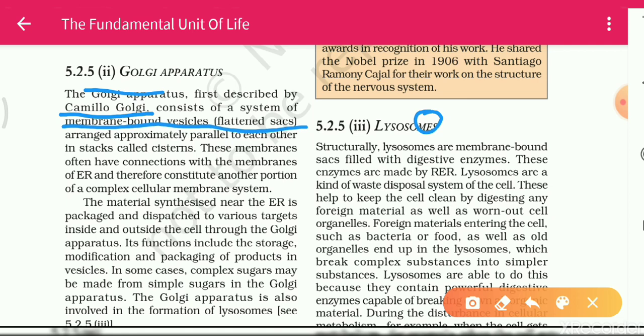Why is it called membrane bound? Because it has a membrane. The outer covering of this Golgi apparatus is called the membrane.